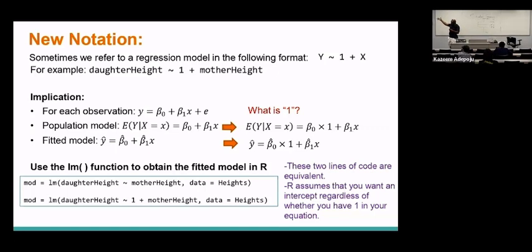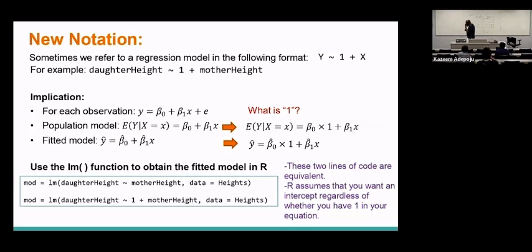If you look at the other one, there's no 1. It doesn't matter. You may put 1, you may not put 1. Where you don't plug in 1, R is assuming that you have an intercept in your model, because 1 is indicating the intercept. It is the coefficient of the intercept.